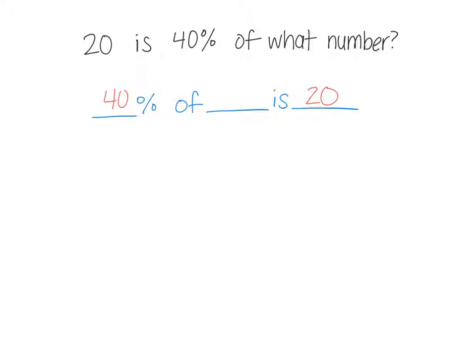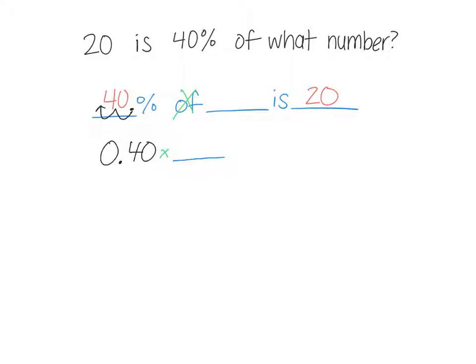I'm going to start off still by changing this percent to a decimal, by moving the decimal point 2 spots to the left. So that makes it 40 hundredths. Of still means times. But now the difference is I don't know what I'm finding. 40 hundredths times what? I'll leave that blank.